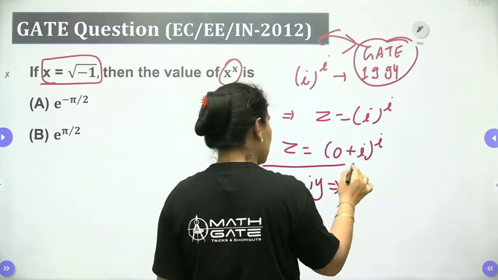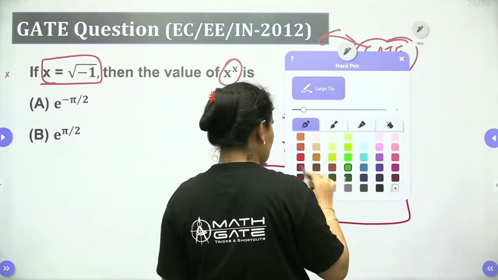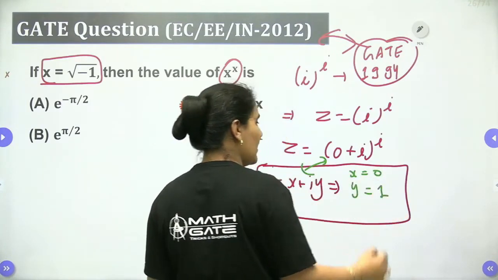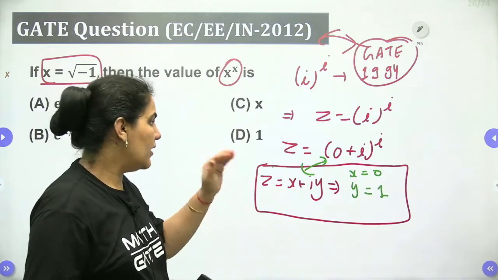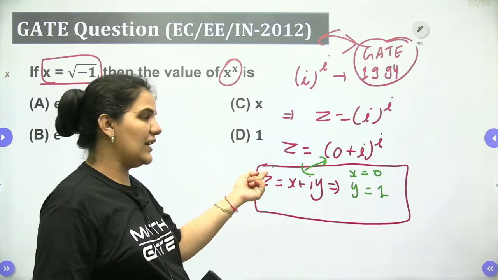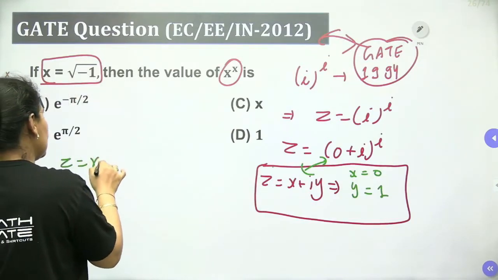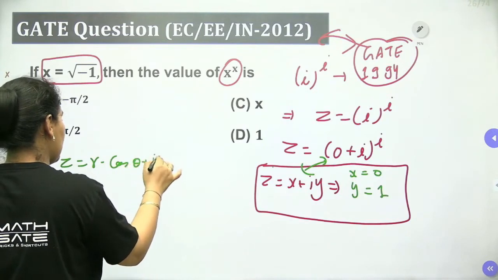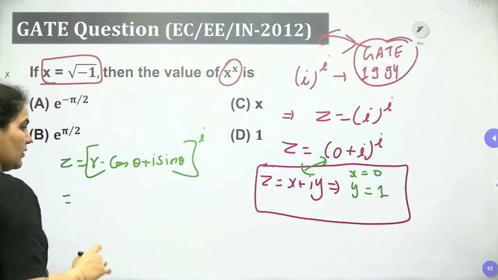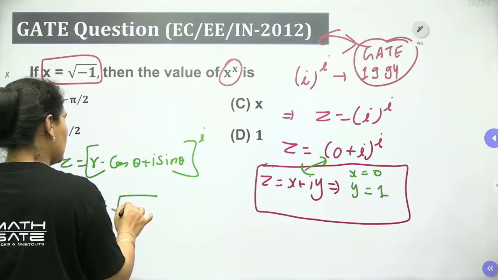When we compare this with the standard form, we can say here x is equal to 0 and y is equal to 1. Yes, exactly. We have to convert this, so we can easily convert this Cartesian form into the polar form. When you want to convert this, it should be z is equal to r cos theta plus iota sin theta, and whole to the power iota. So r is equal to root of 0 plus 1.